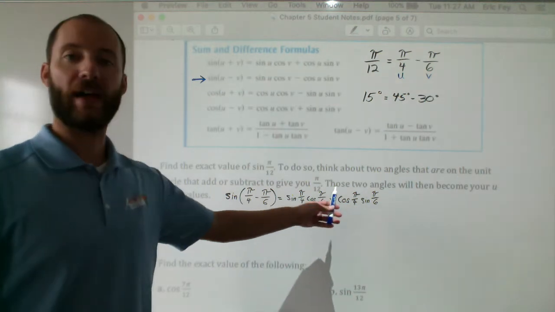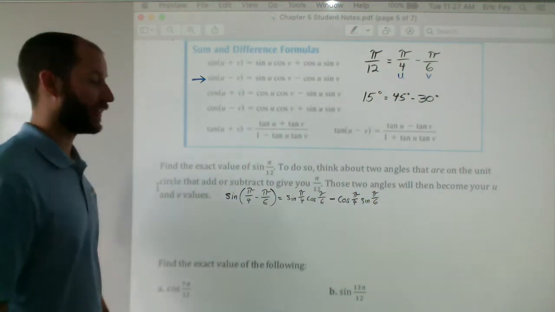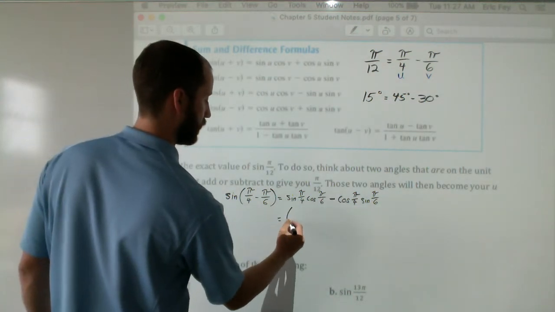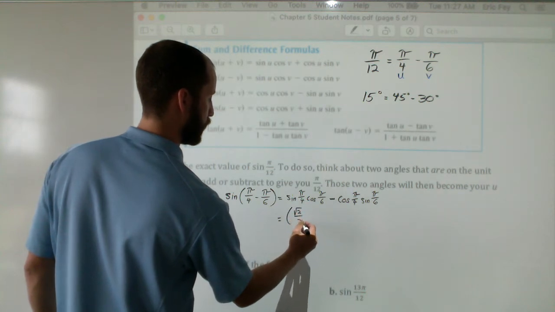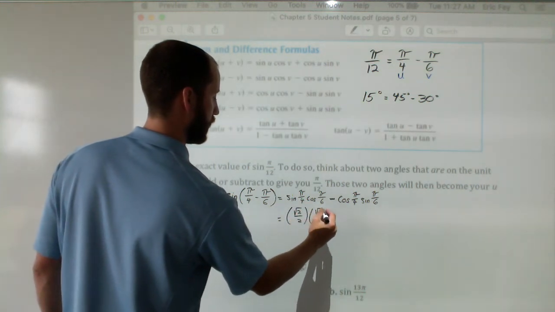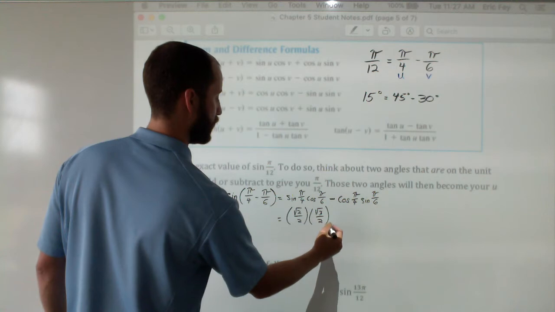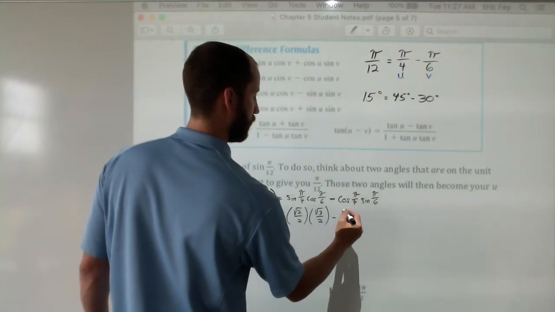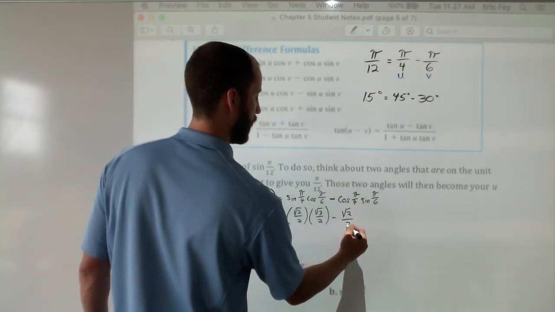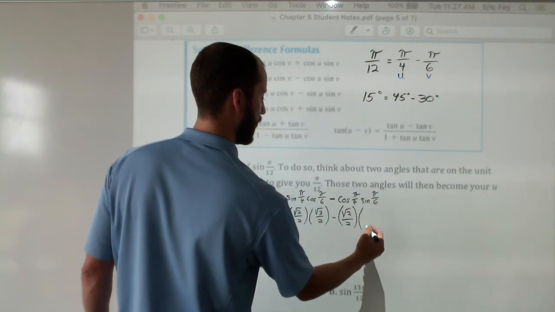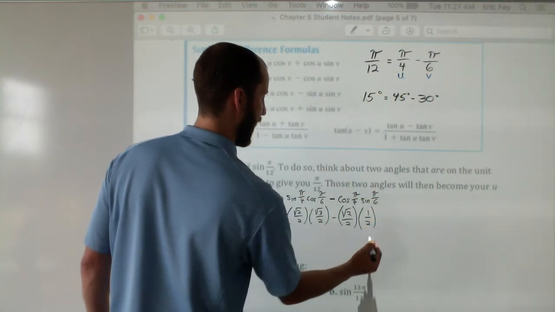Now all of these values are from the unit circle, so I can evaluate. So I get a root 2 over 2, I get a root 3 over 2, I get a root 2 over 2, and I get a 1/2.